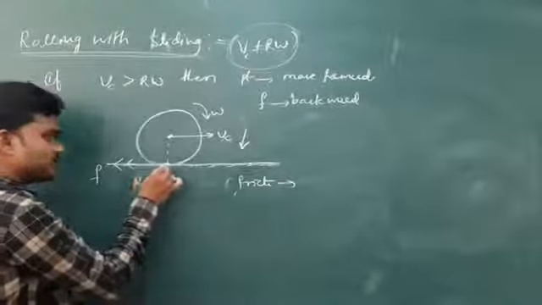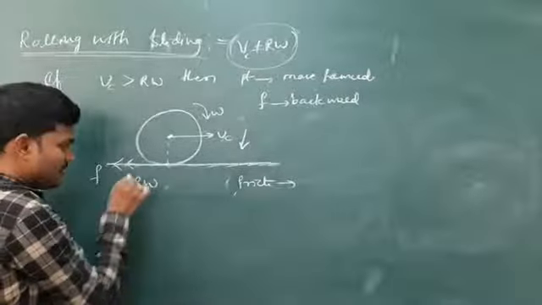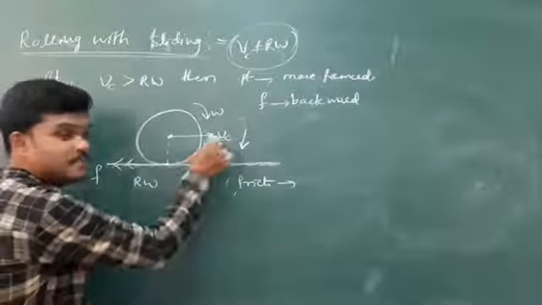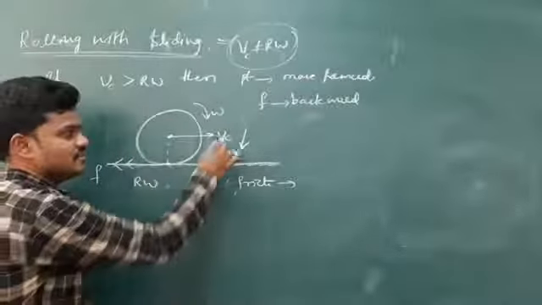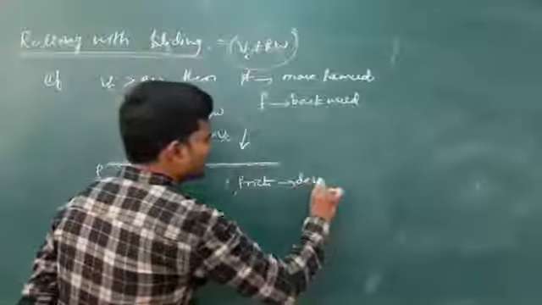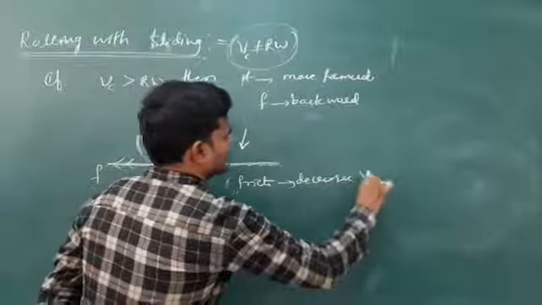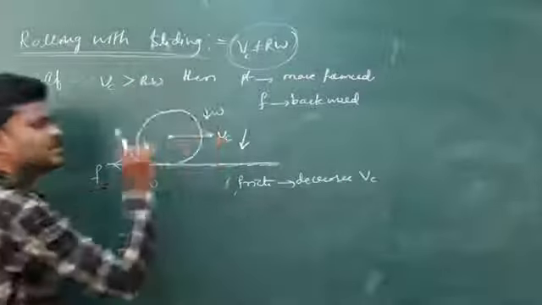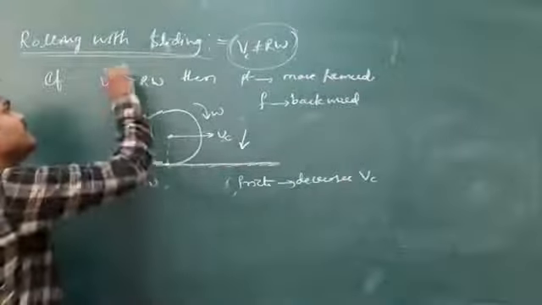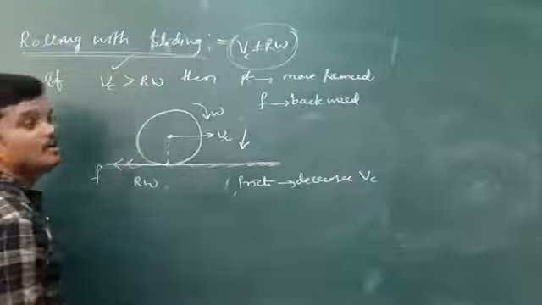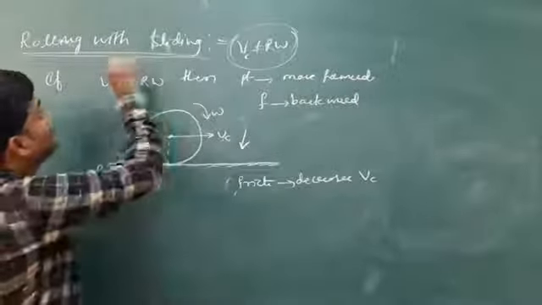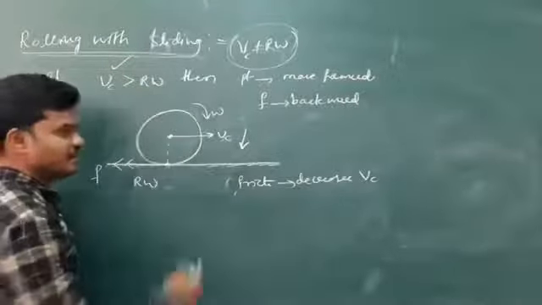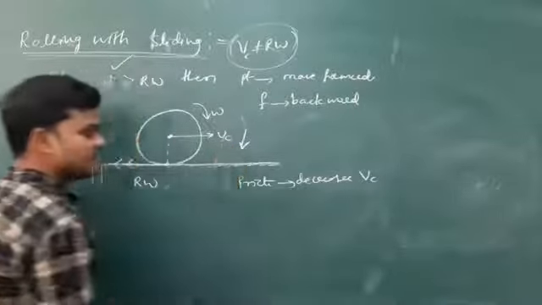Due to frictional force about the bottom and due to r omega, this linear speed decreases. Frictional force decreases the linear speed. So the linear speed of the body decreases when linear speed is greater than r omega in case of rolling with some sliding effect.